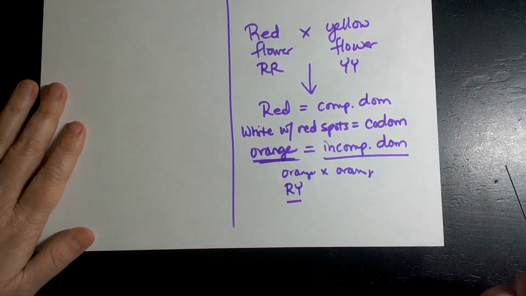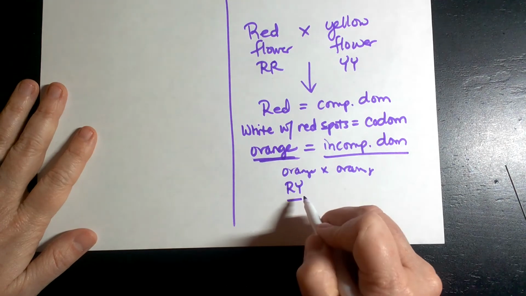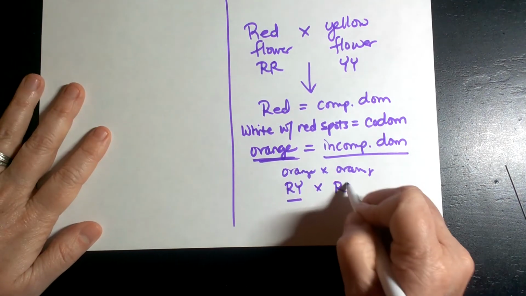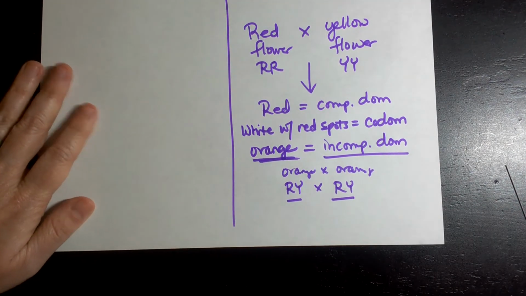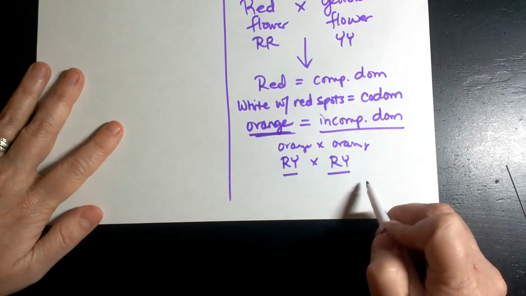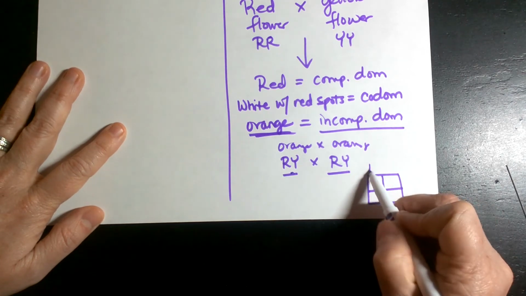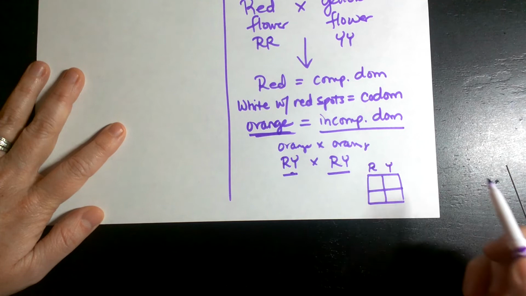So an RY means a red with a yellow, so it makes it orange. And then you cross it with another RY, red and yellow make orange. Then when you do the Punnett square, parent number one could give the red allele to the offspring or the yellow allele.